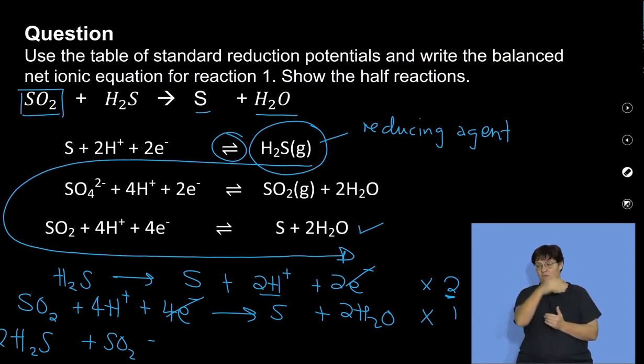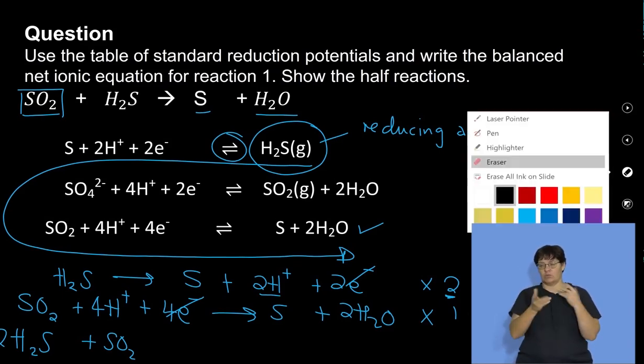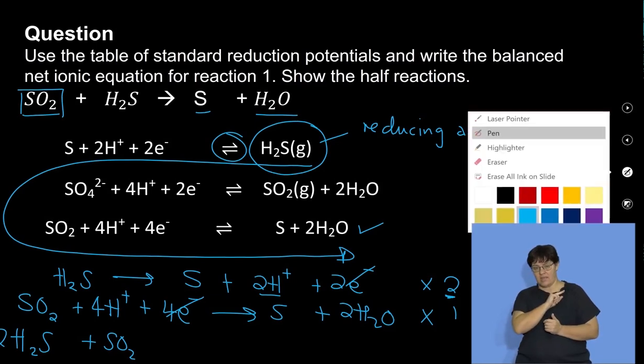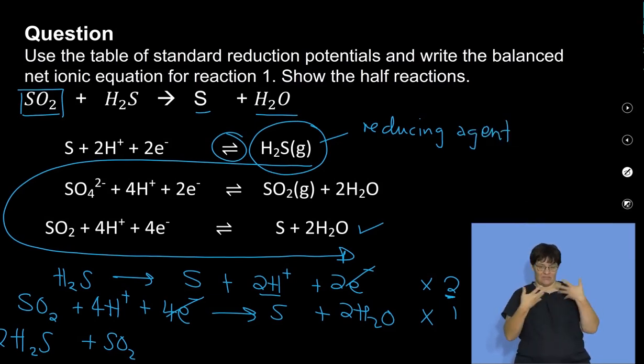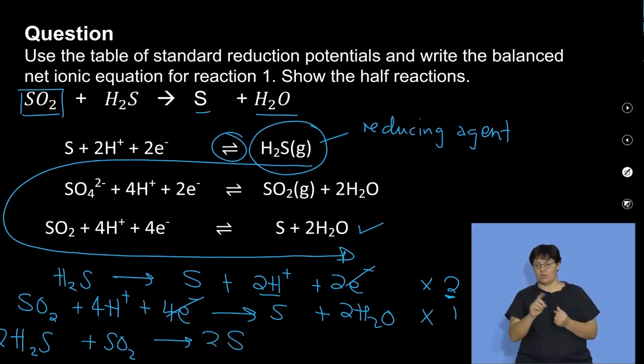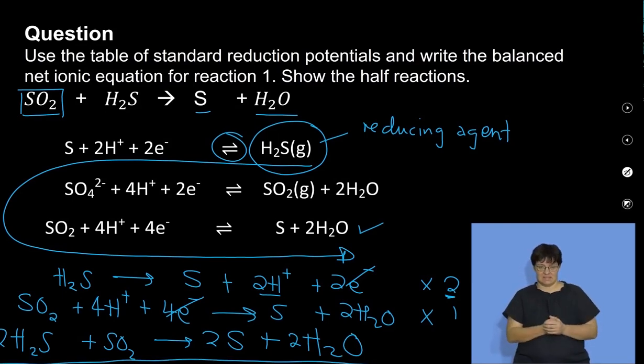They won't be part of the equation overall because we've managed to take care in terms of the balancing. Right, so if that is the case, what do we have? We've got 2 moles of sulfur, plus, in this case, we will also have water, which is multiplied by 1, so we'll have 2 moles of water. Right, so this is our balanced equation as per our reaction.